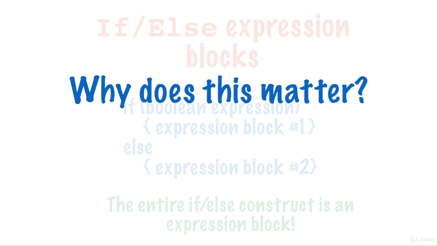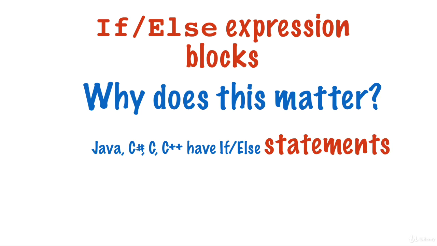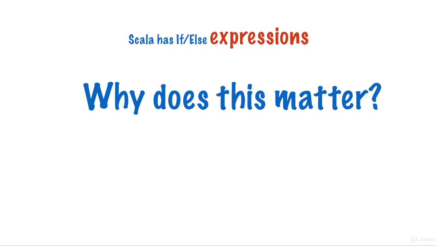Why does this matter? Why do we care whether an if-else is an expression or a statement? Well, this is actually really important. This ability, this facility that Scala provides to change common language constructs from statements to expressions, this is a huge part of the functional language capability in Scala.